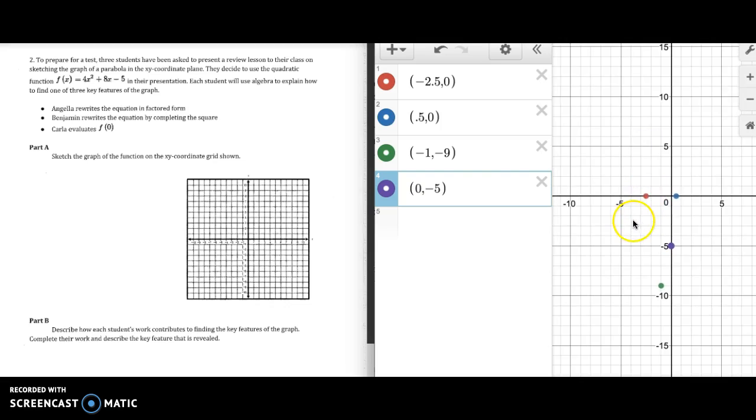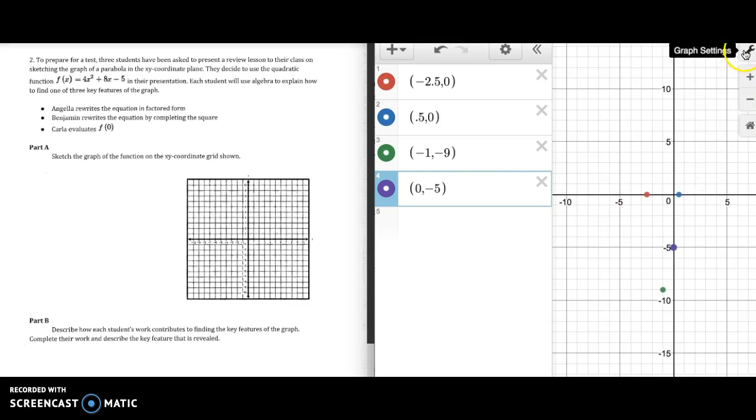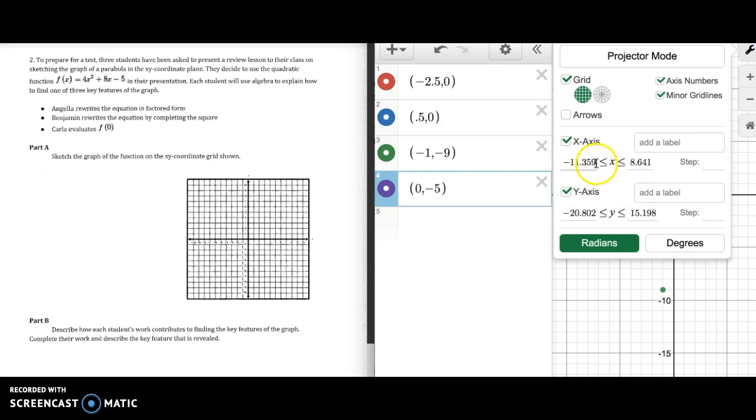On my graph, I'm going to change my scale around just so you can see this a little bit easier.